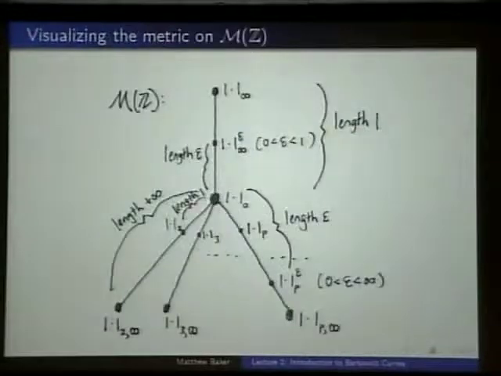So I think this is the way to visualize this space, that you've got these metrized segments where from the trivial point to the epsilon, infinity to the epsilon has length epsilon. These to the standard absolute value has length 1, and these points here are infinitely far away.